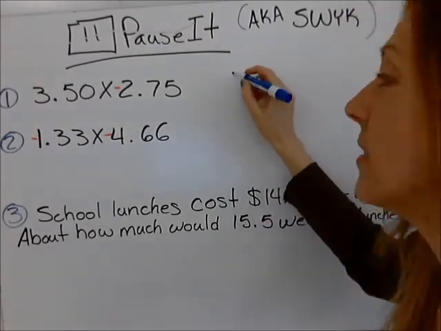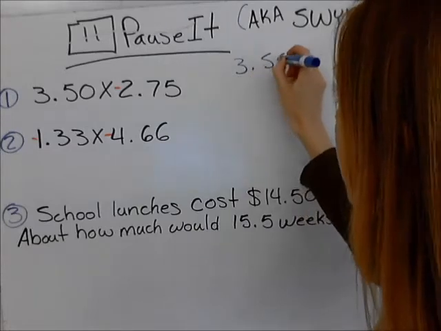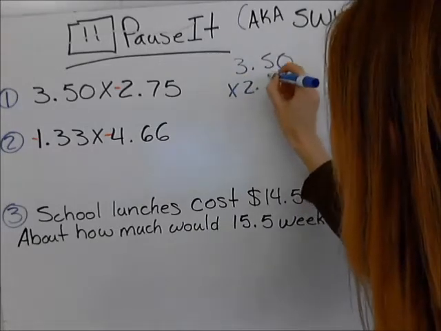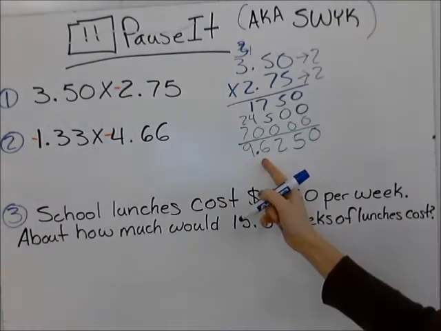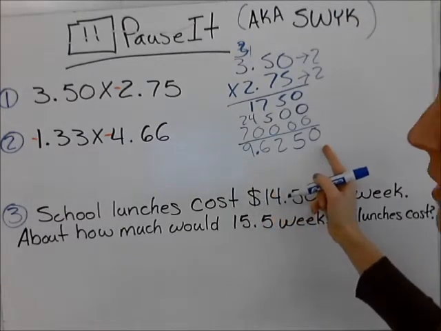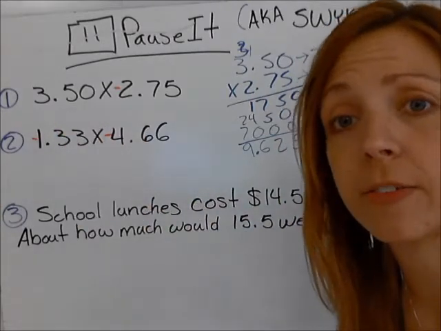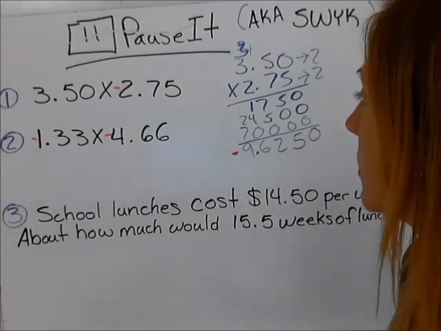All right, 350 times 275. So 9 and 6,250 10,000, and it's a negative times a positive, which means a negative times a positive is going to be a negative answer.